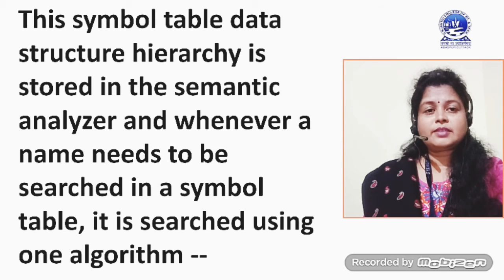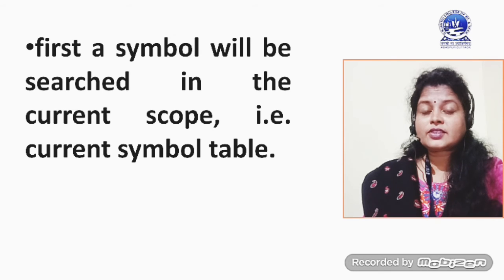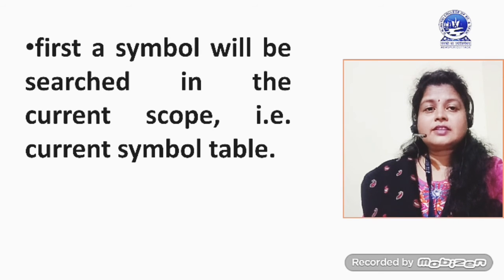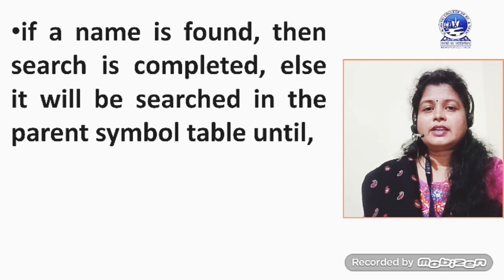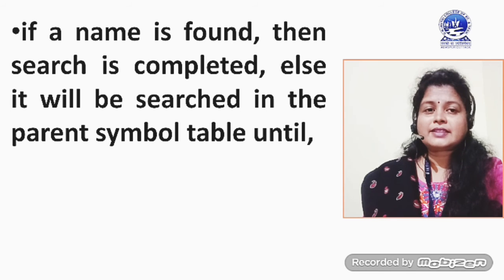First of all, a symbol will be searched in the current scope, that is the current symbol table, because we know that a number of symbol tables are maintained for the global symbol table, for inner blocks, etc. If a name is found, then the search is completed, else it will be searched in the parent symbol table.